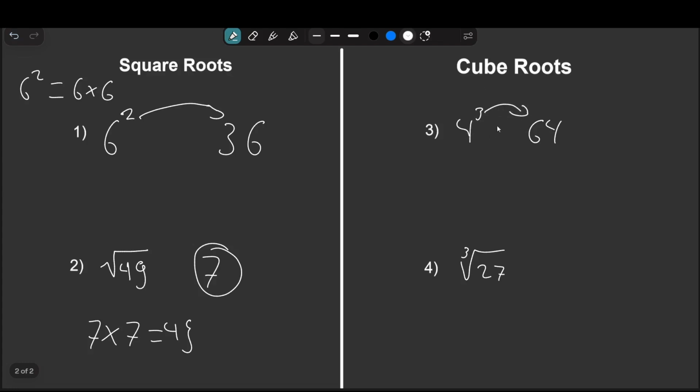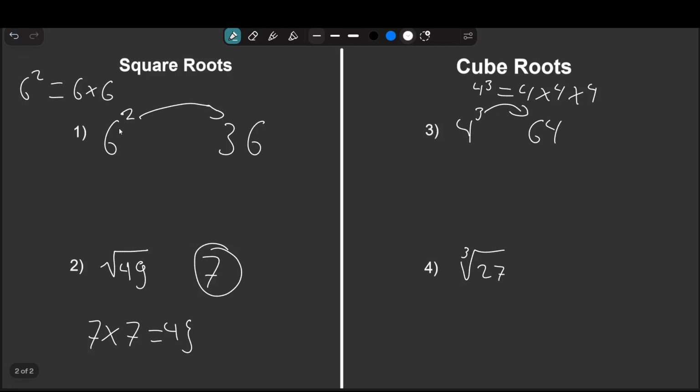And cubed means almost the same thing as squared, but you can see a 3, so cubed means to multiply the number by itself 3 times. So 4 cubed means 4 times 4 times 4. So 4 times 4 equals 16, times 4 equals 64. So 4 cubed is 64.